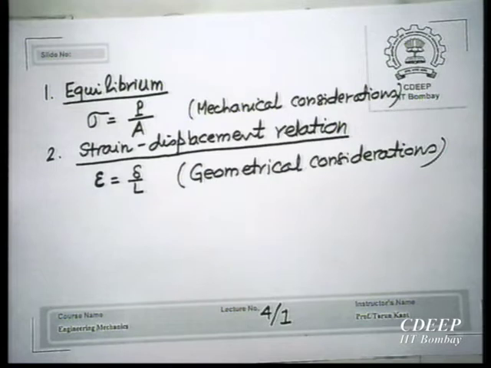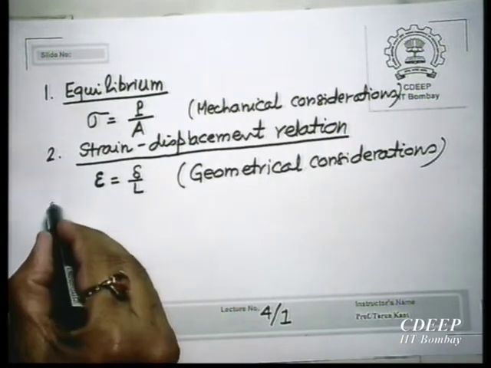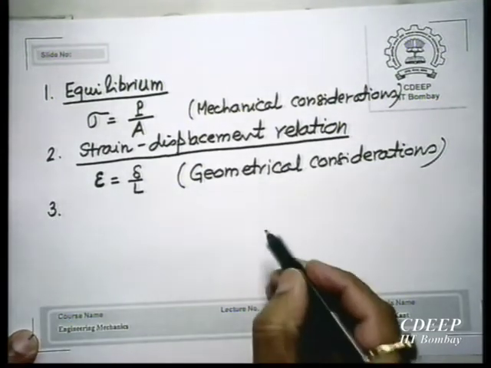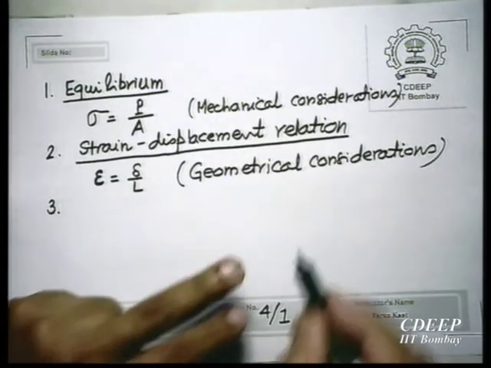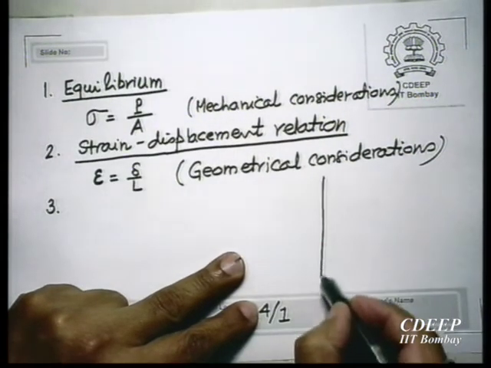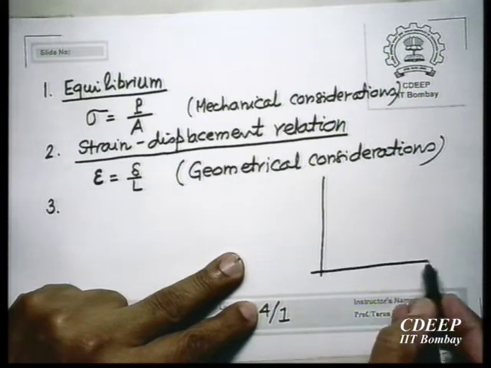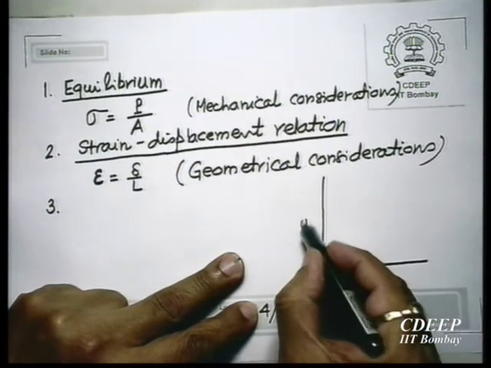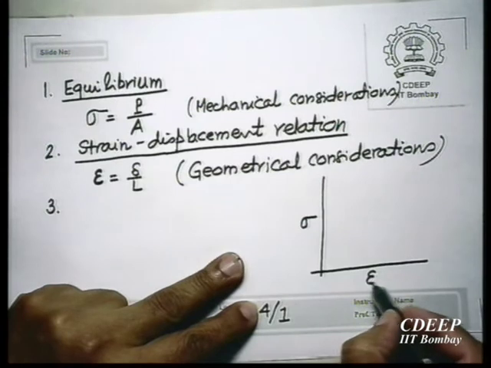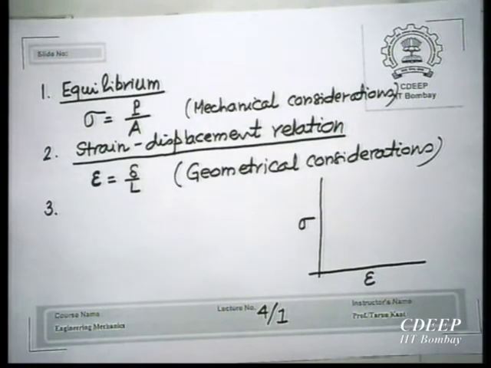And the third one, which is very important, is the material. We had not considered the material in these two, and now we will consider it. We will test what material the body is made of, and if you test it under tensile loading, then you can plot stress versus strain.